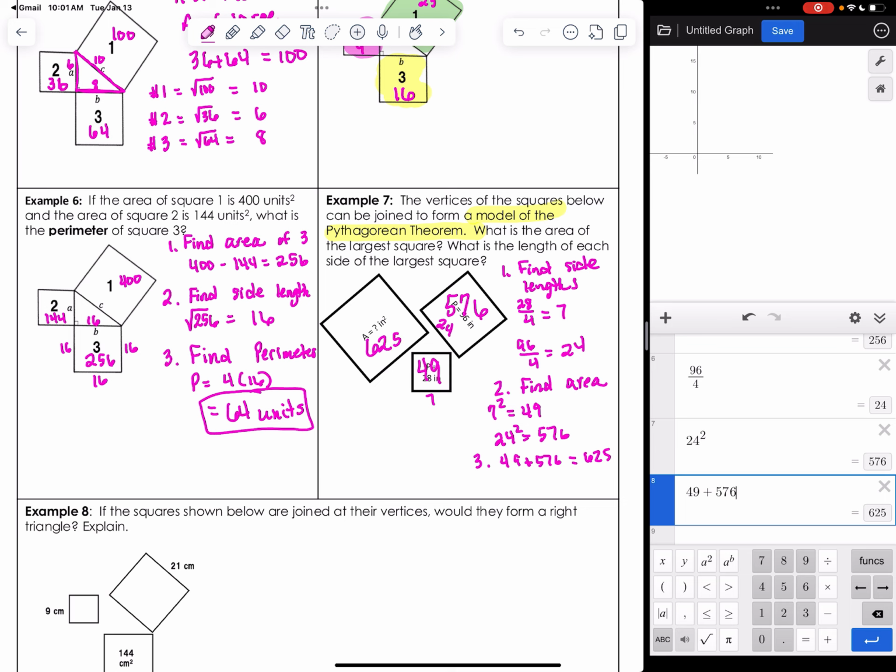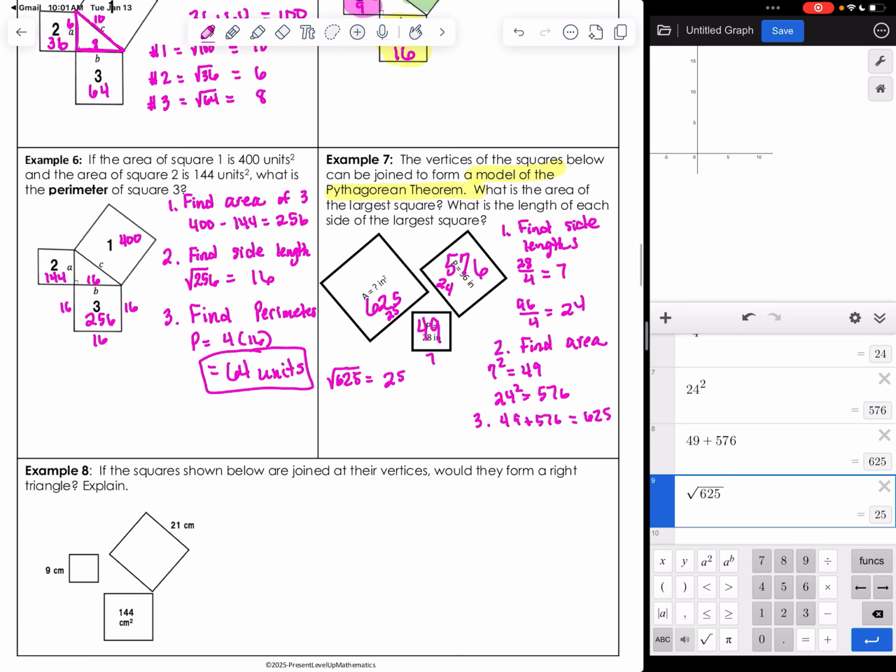So the area of the big square has to be 625 square units. Now, the last thing they asked us to do is find the length of each side of the largest square. So to do that, we'll take the square root of 625 and we get 25 units. So this is 25.